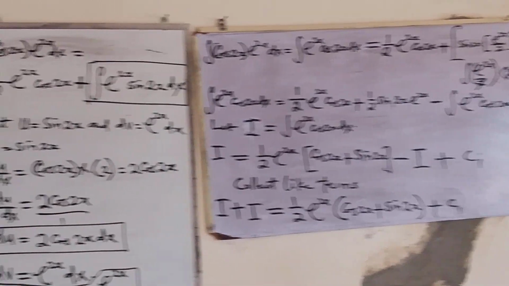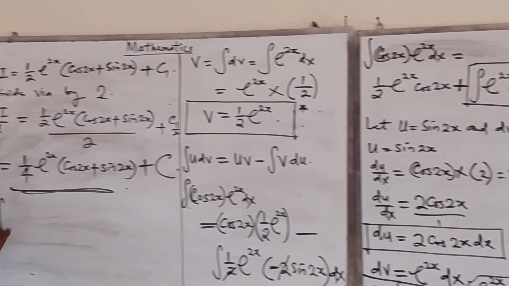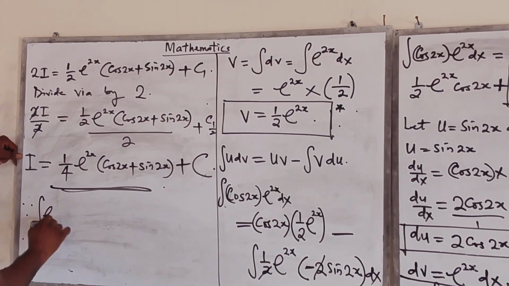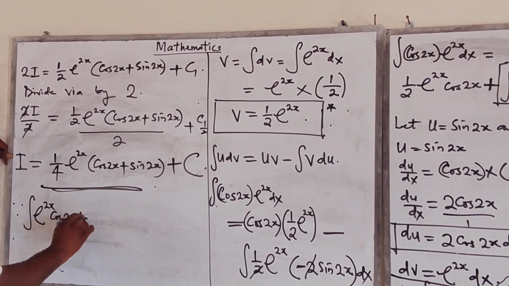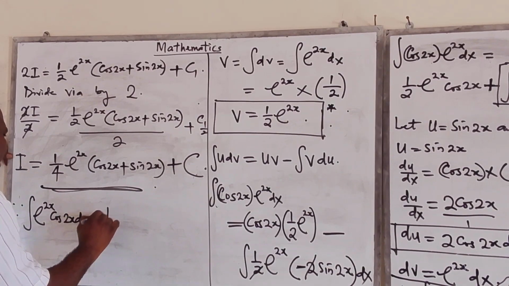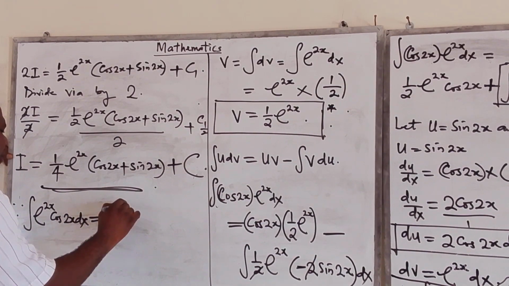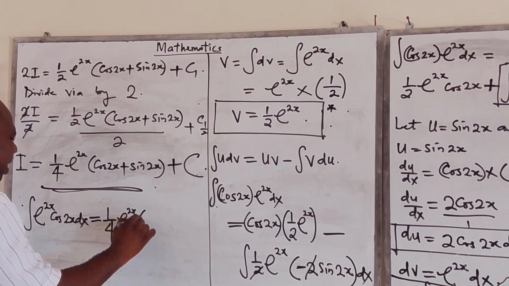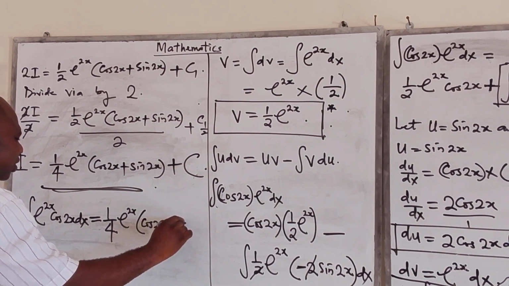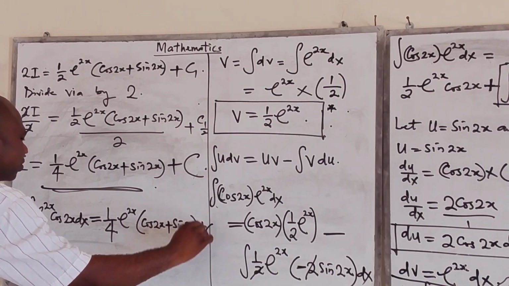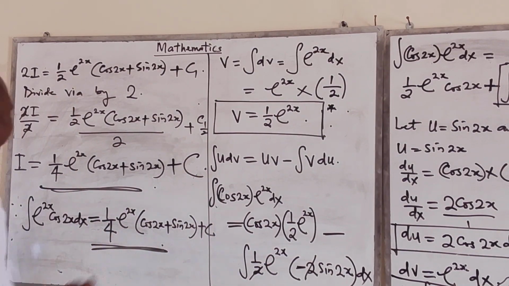So it therefore means that the integral of e raised to the power of 2x cos 2x dx is equal to 1 all over 4 e raised to the power of 2x in brackets cos 2x plus sine 2x, then plus c. So this is the integral of this function.